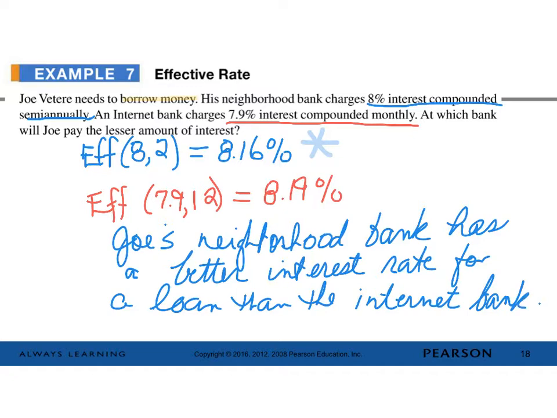Now, if Joe had been investing money, I hope it's apparent that if he had been saving money, then he probably should have gone with the internet bank because it's a little bit higher. But because he's borrowing money, he wants the lower interest rate.